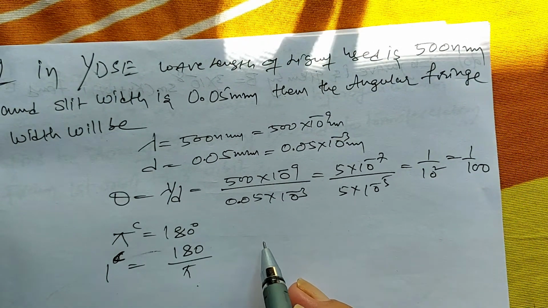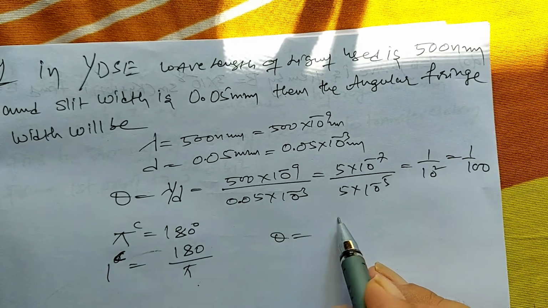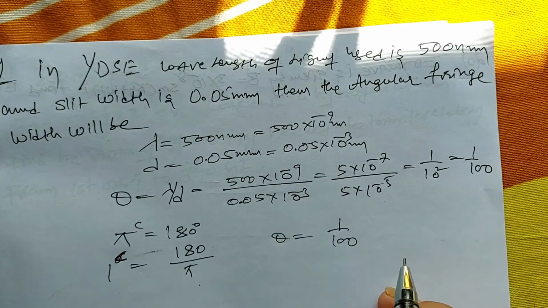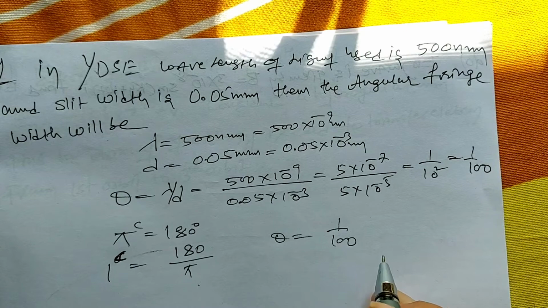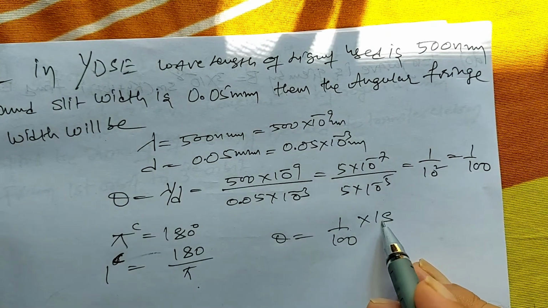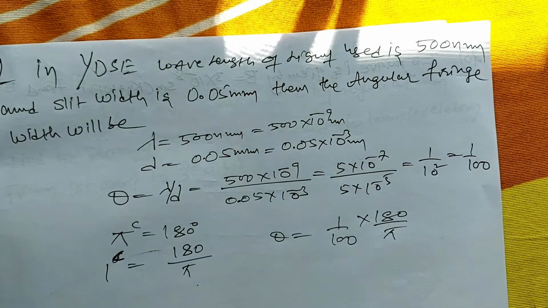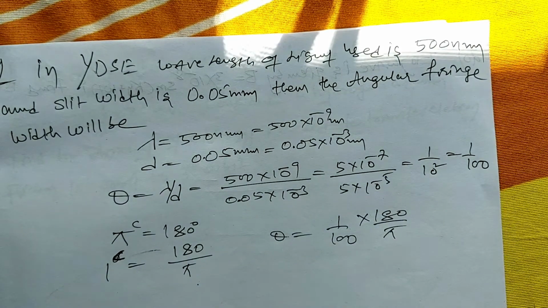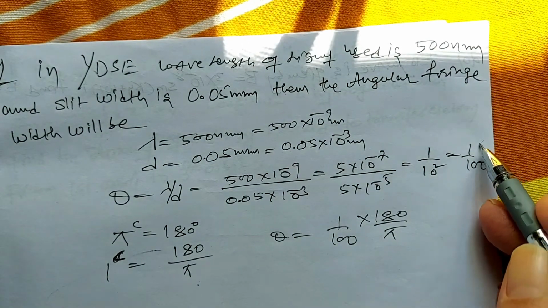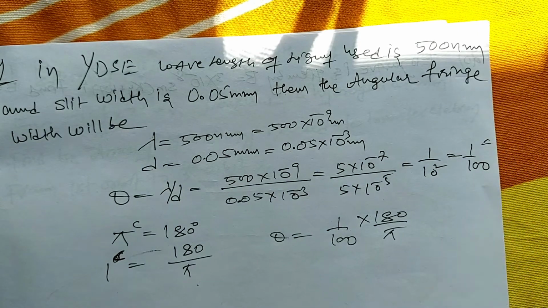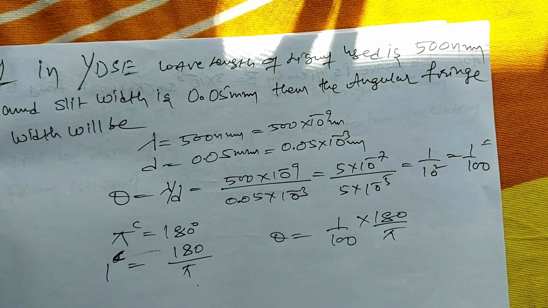Theta is equal to 1 by 100 into 180 by pi.